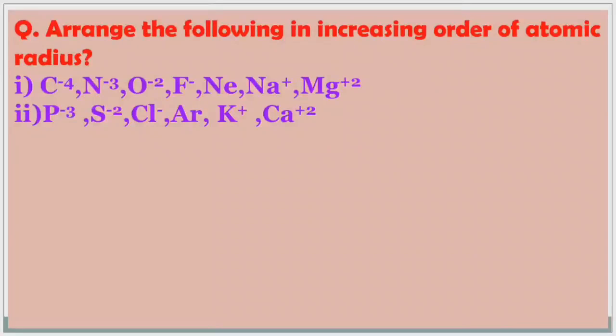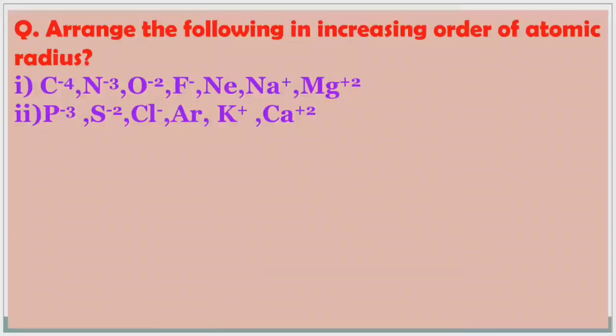remember, an ion with more positive charge is lesser in size, because in that ion the nuclear charge is more compared to the number of electrons. That's why ionic size decreases.